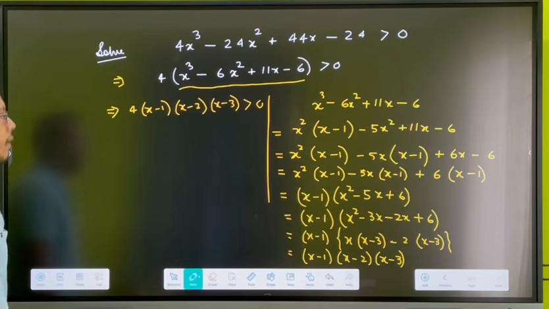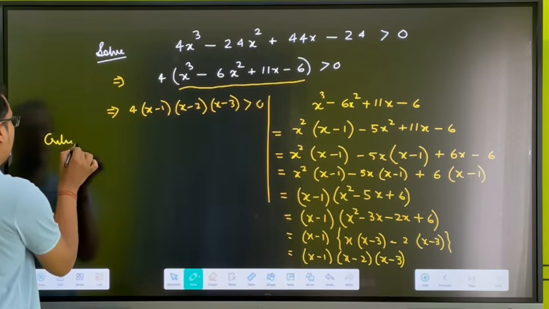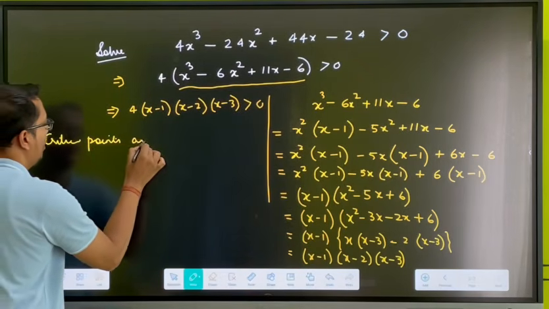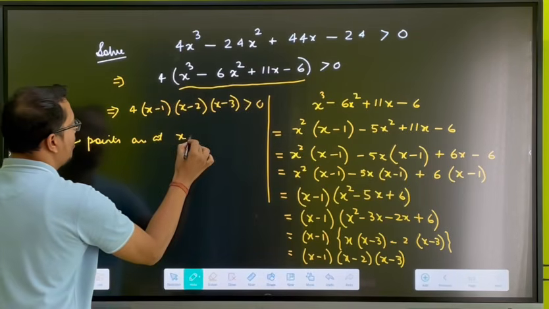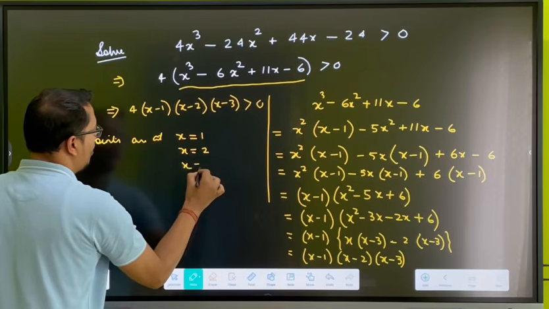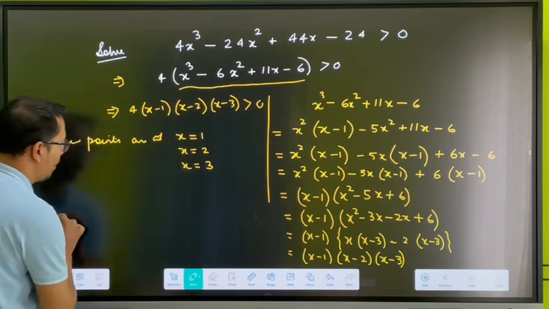Now for finding out the critical points, critical points are identified now: x equals 1, x equals 2 and x equals 3. Now students, what we are going to do, we are going to plot them here.